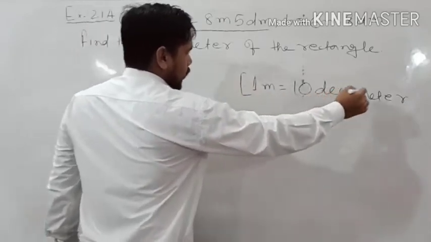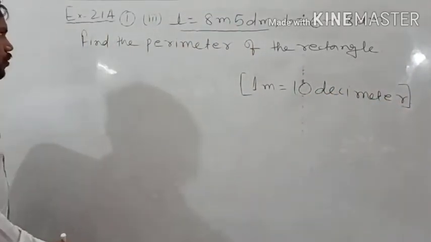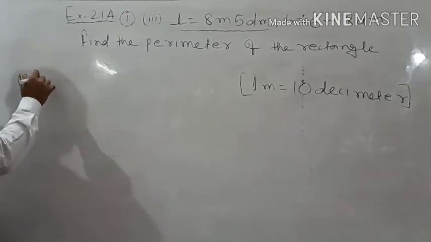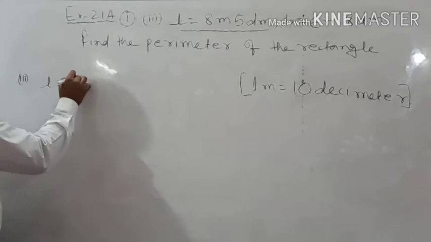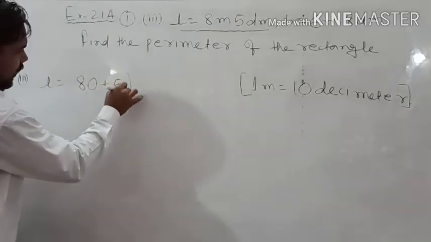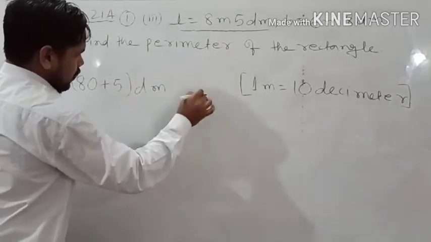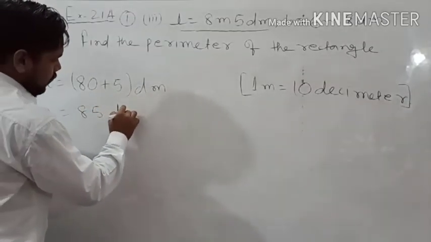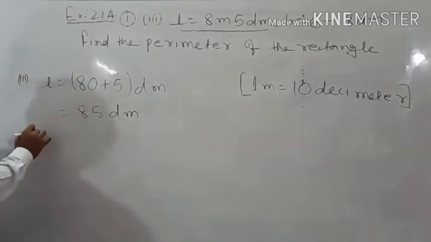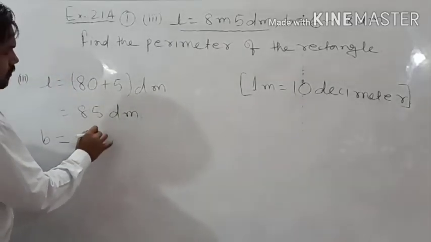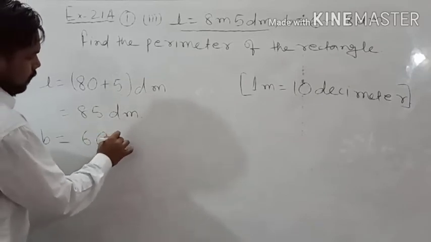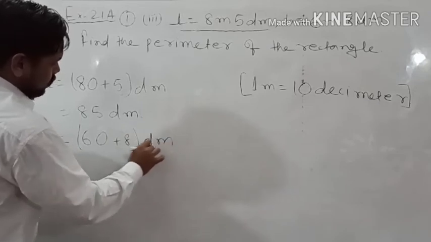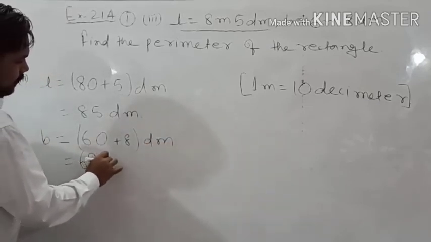So therefore, in the third question of question number 1, L will be 80 plus 5 dm, decimeter. Okay, so 85 decimeter. And breadth is equal to 6 meter, means 60 decimeter plus 8. So 60 plus 8 decimeter. So that means 68 decimeter.